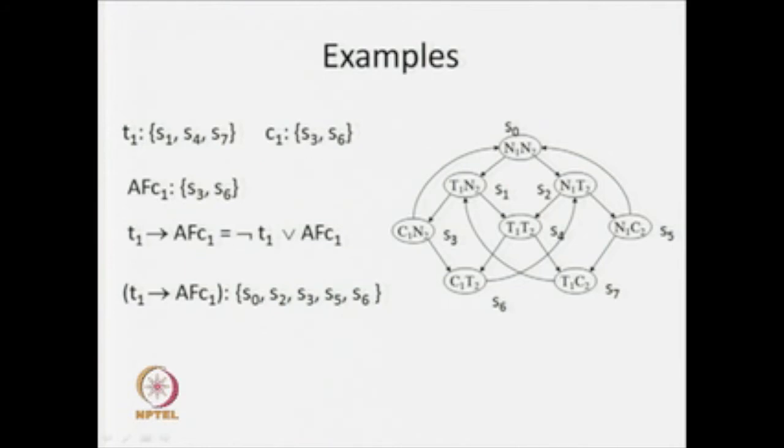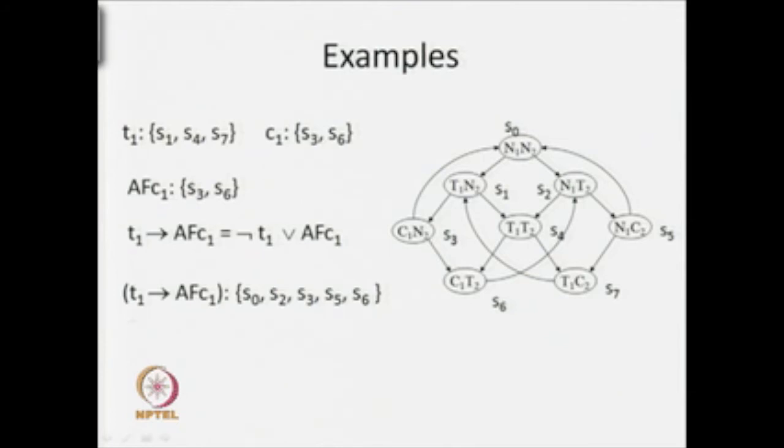In every state we can check it, and we need not go for a loop. So, now we are going to check where T1 is false. We know that T1 is true in S1, S4 and S7. So, not T1 will be true in the remaining states, and AF C1 is true in S3 and S6. Since it is true in S3 and S6, necessarily these two states are going to come.